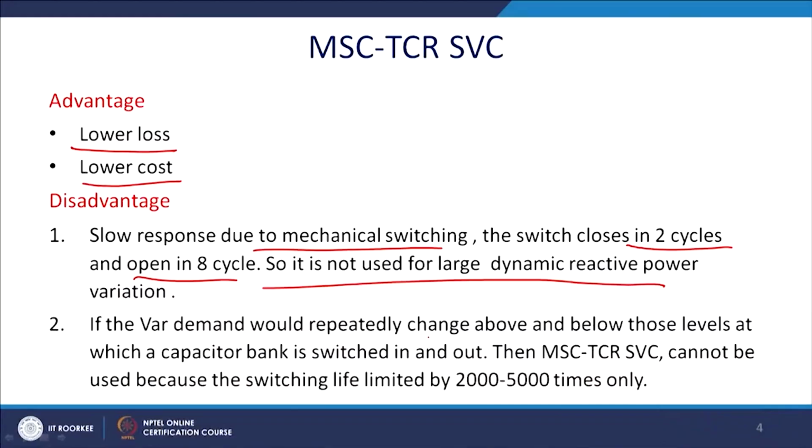If var demand would repeatedly change above and below the level at which the capacitor bank is switched in and out, then the MSC-TCR SVC cannot be used, because switching life is limited to 2000 to 5000 cycles. So, we have to operate in a very constrained manner, so that we can use it for a longer duration.